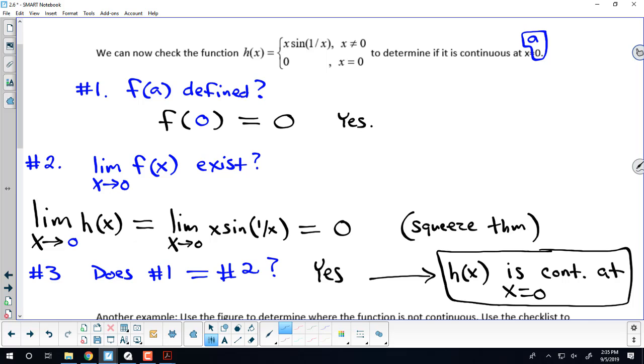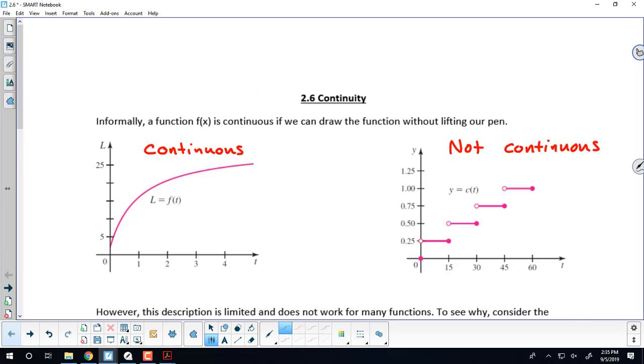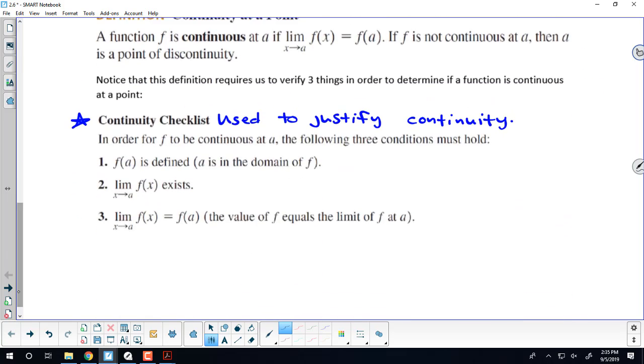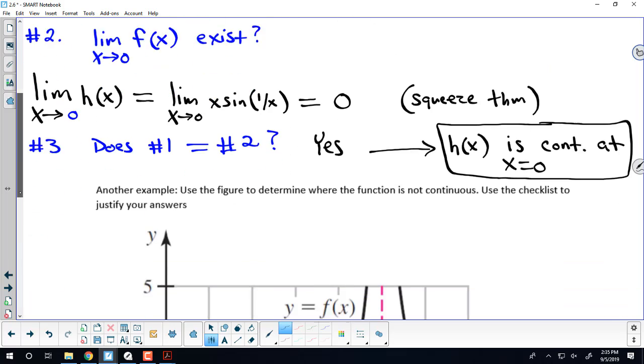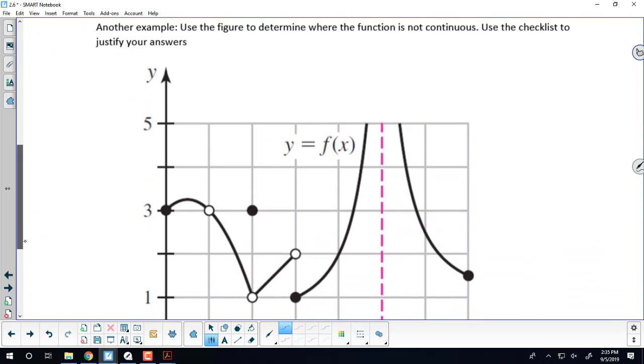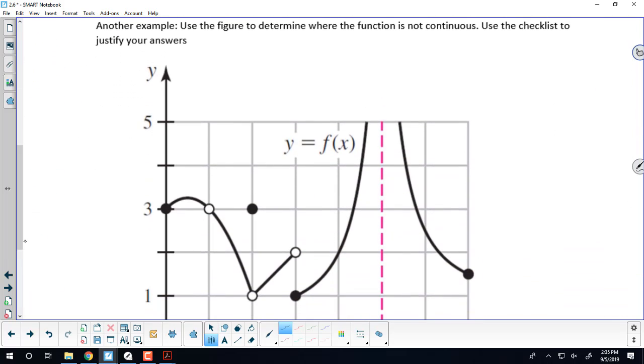So in order to use the definition of continuity, like I said, we're going to use the checklist. Anytime you're asked, is this thing continuous here, make sure that you're justifying all 3 of these. Here we'll use the figure to determine where the function is not continuous, and then we'll use the checklist to justify our answers.